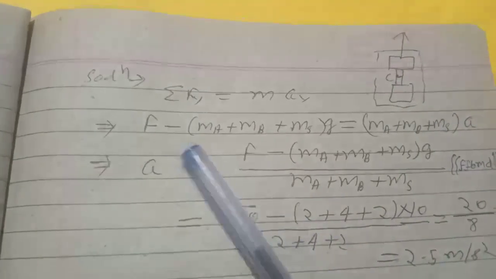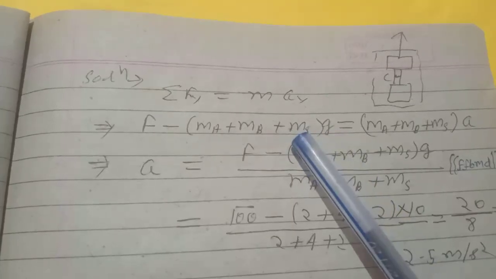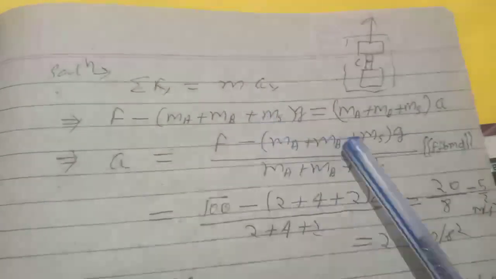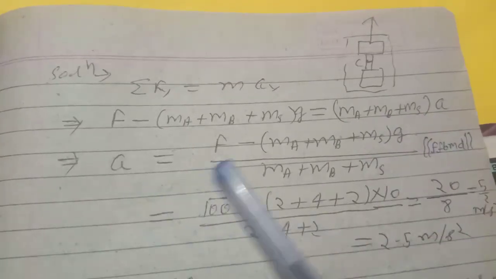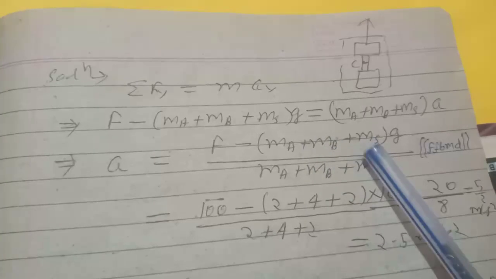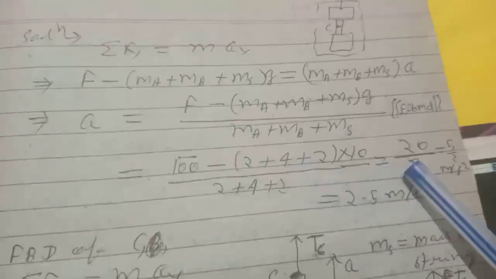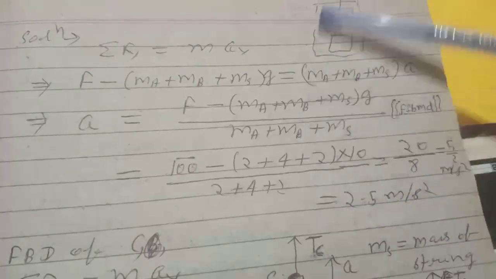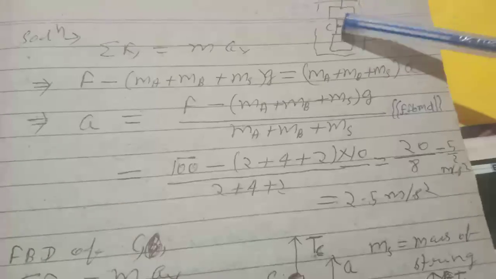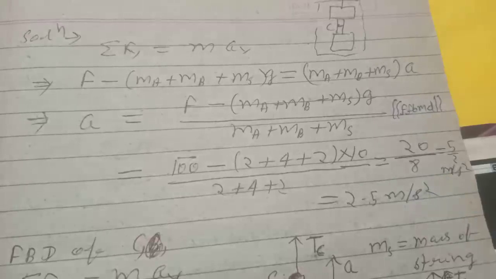So we can write F minus (ma plus mb plus ms) into g, where ms is the mass of the string, equals (ma plus mb plus ms) into a, and this gives a equals F minus (ma plus mb plus ms) into g divided by (ma plus mb plus ms). Putting in all values, we get 20 by 8 equals 2.5 meter per second squared. That is, the whole body, body A, the string and B, is moving with this acceleration.